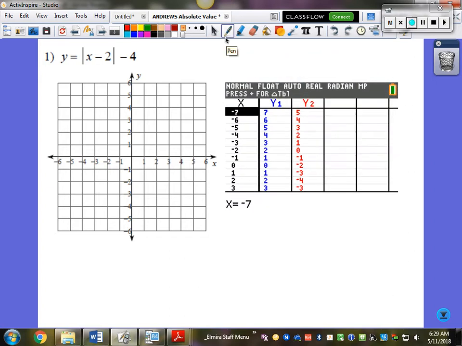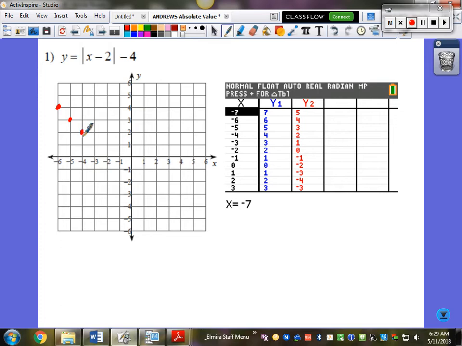I'm going to graph just the y values in red for y2. So -6 and 4, -5 and 3, -4 and 2.